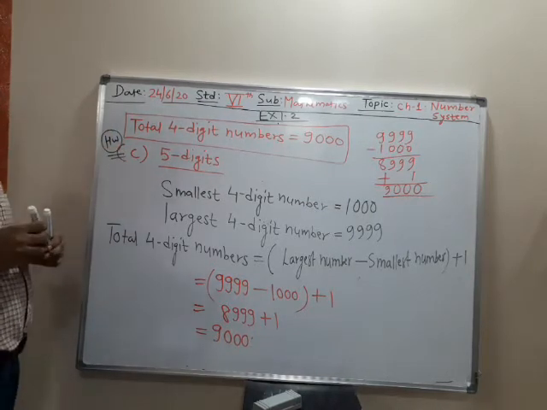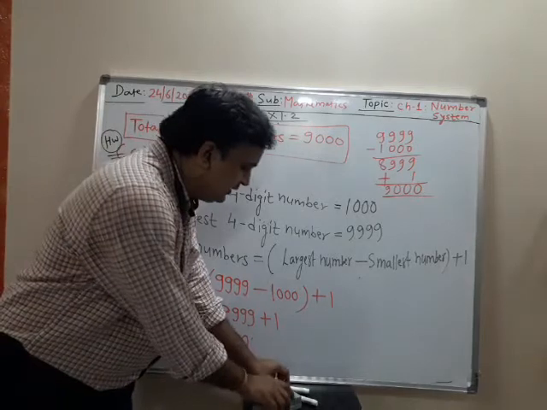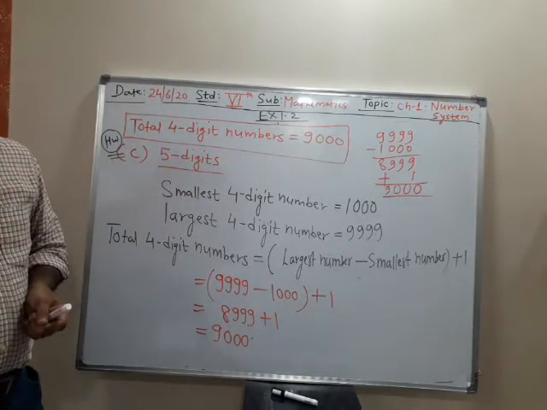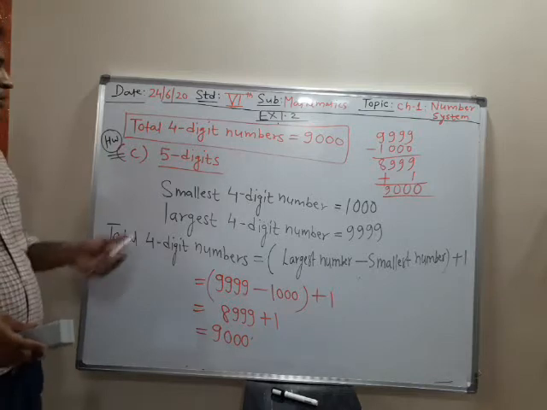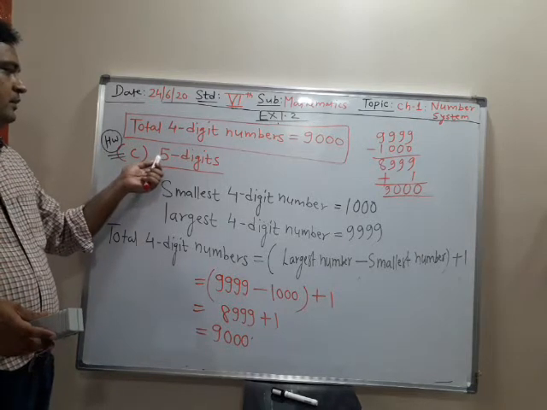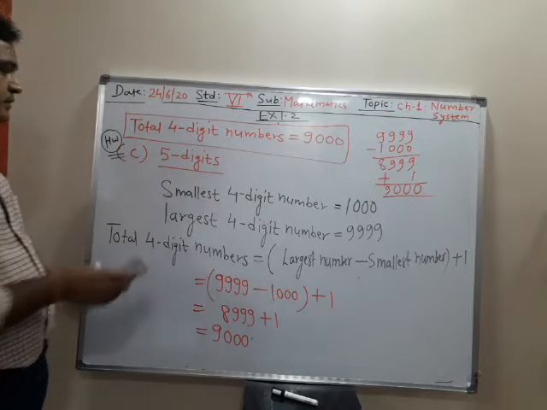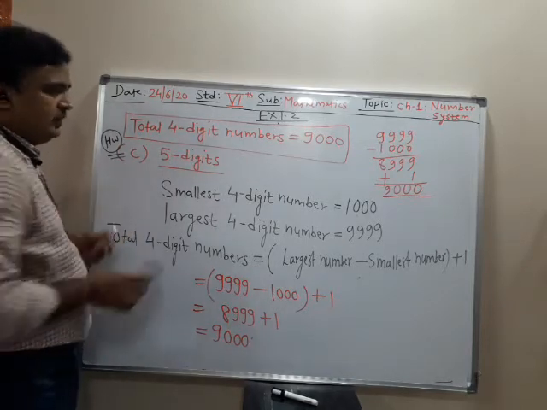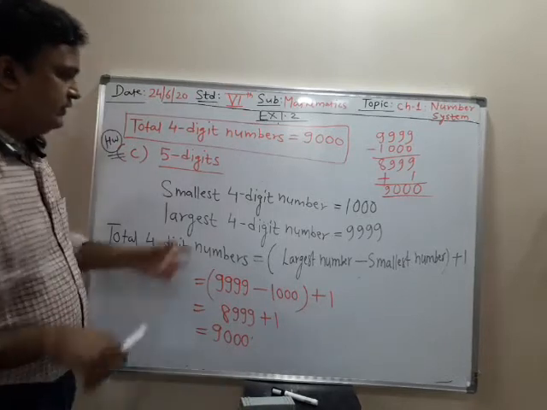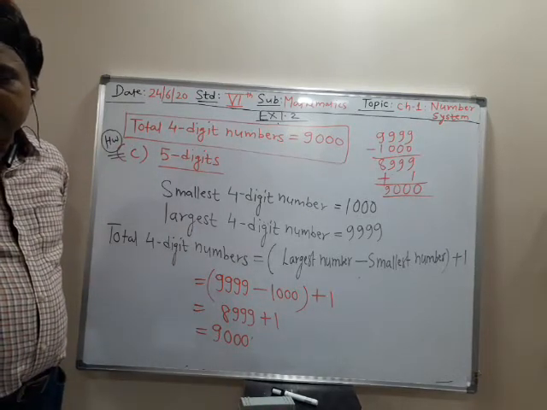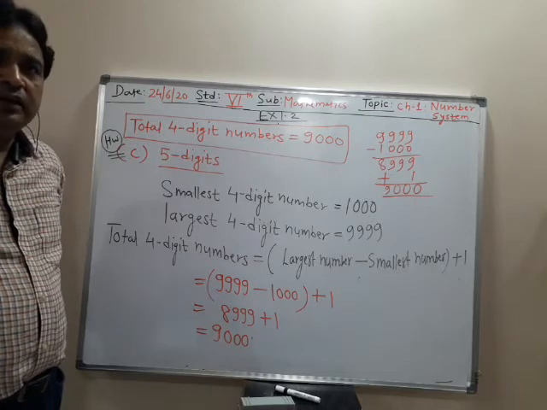C: find the total number of 5-digit numbers. That I am giving as homework. You have to solve this fast. So total how many 5-digit numbers are there? You will find the smallest 5-digit number.